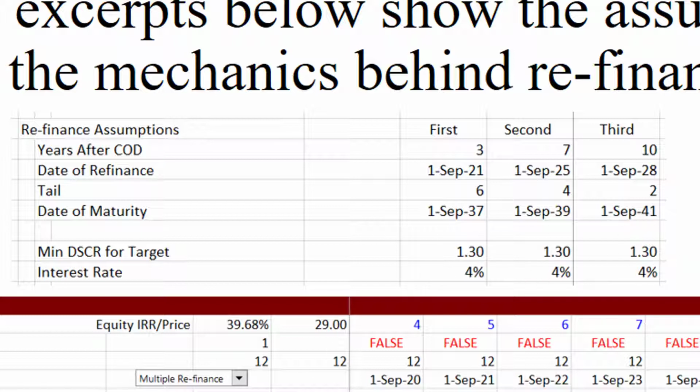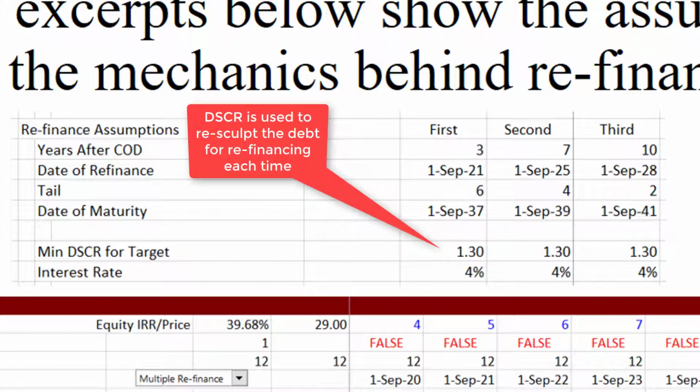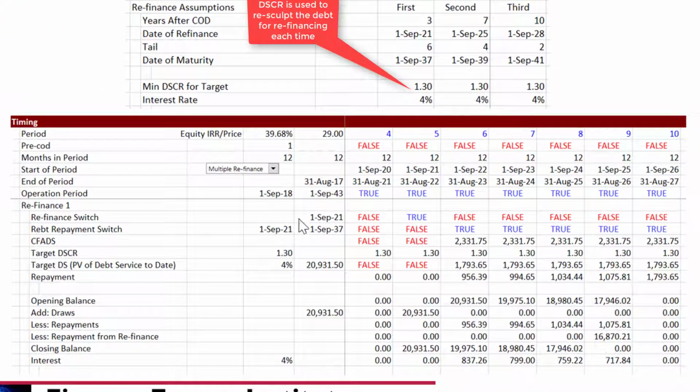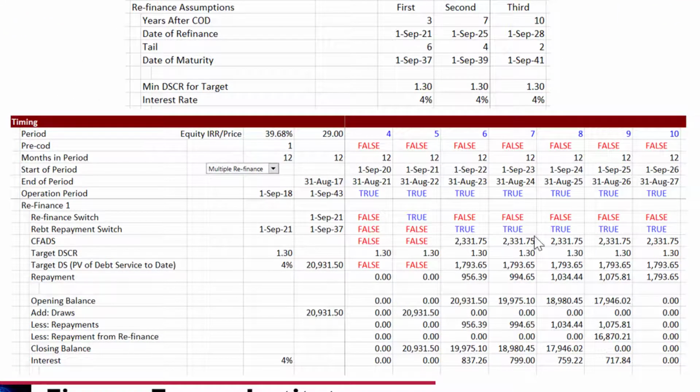And then what we do is we just take these and set up 3 different debt schedules. And in our debt schedules, we put a lot of true false, is when we're going to refinance, what the tenor of the refinancing is, what the DSCR and the NPV using the true false is. I'm going to do a whole other video on this because I think it's so important, and I can't believe that I've never done it before.